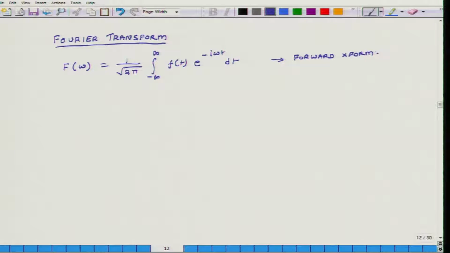And the inverse transform is, so what does the other transform do? If I have frequency domain data, then from that information I can get back to my time domain, and that I can do using this relation.